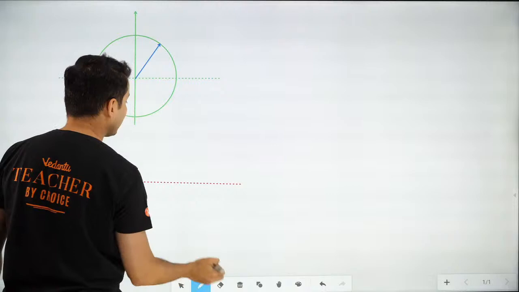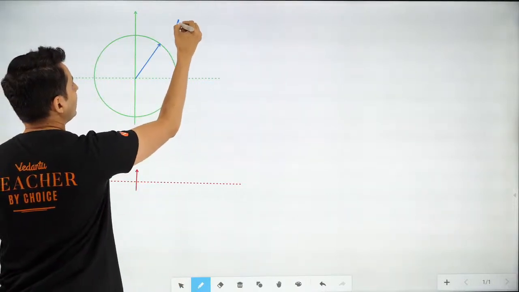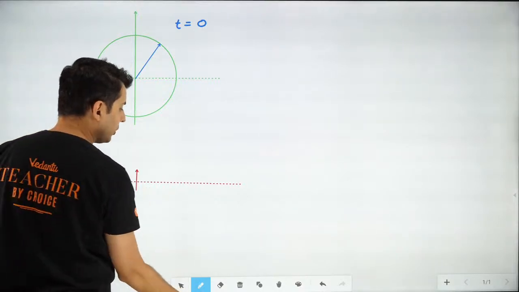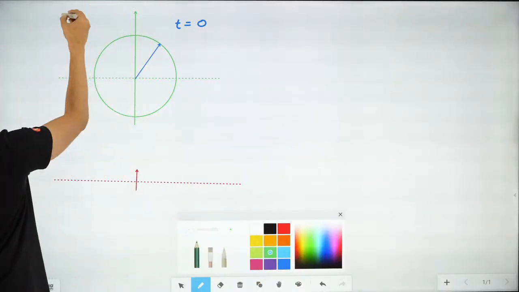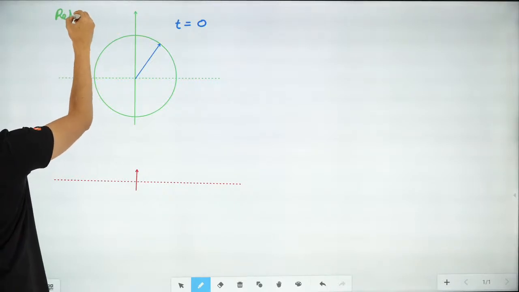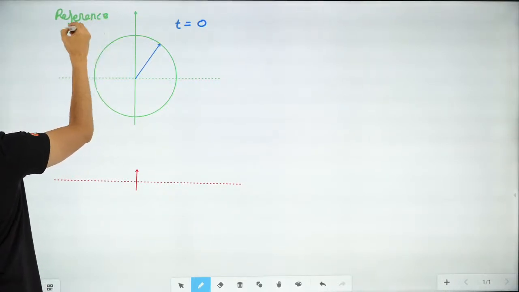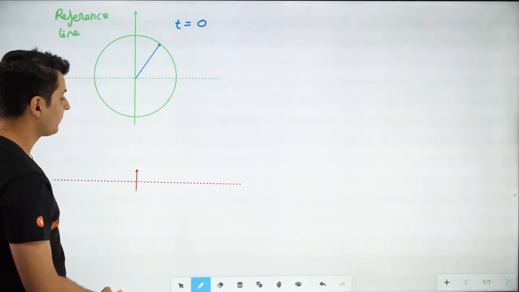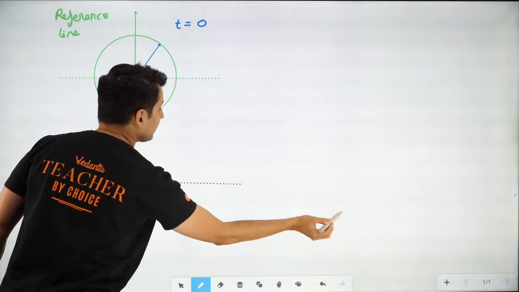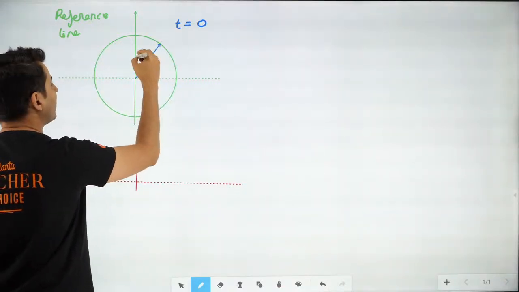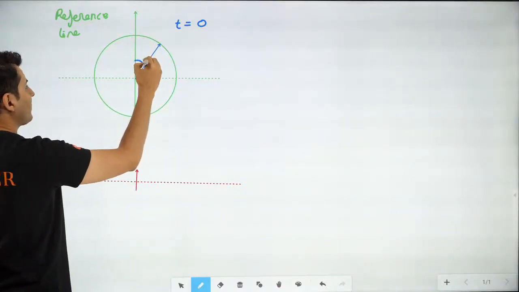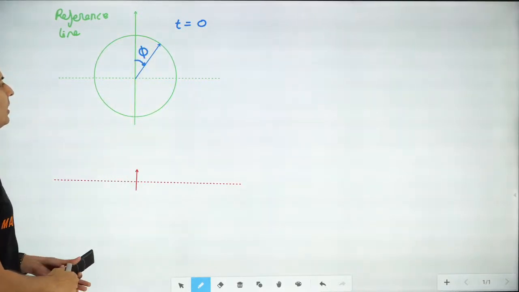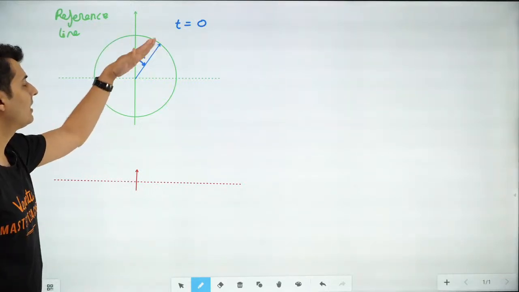So this is where the particle was initially at t is equal to 0, and I'm going to call this vertical line my reference line. Very important, keep making notes. The angle which this particle initially makes with my reference line is going to be called phi. Phi, the angle which it makes with the reference line.